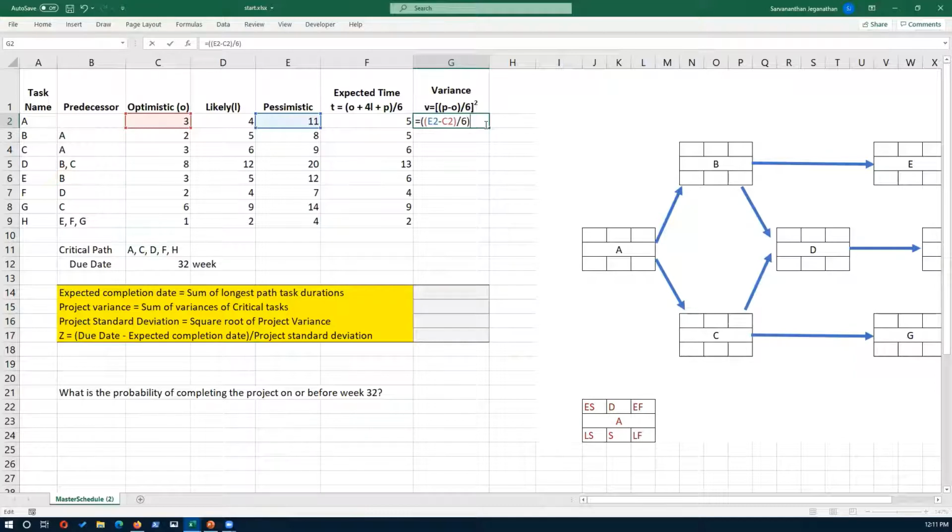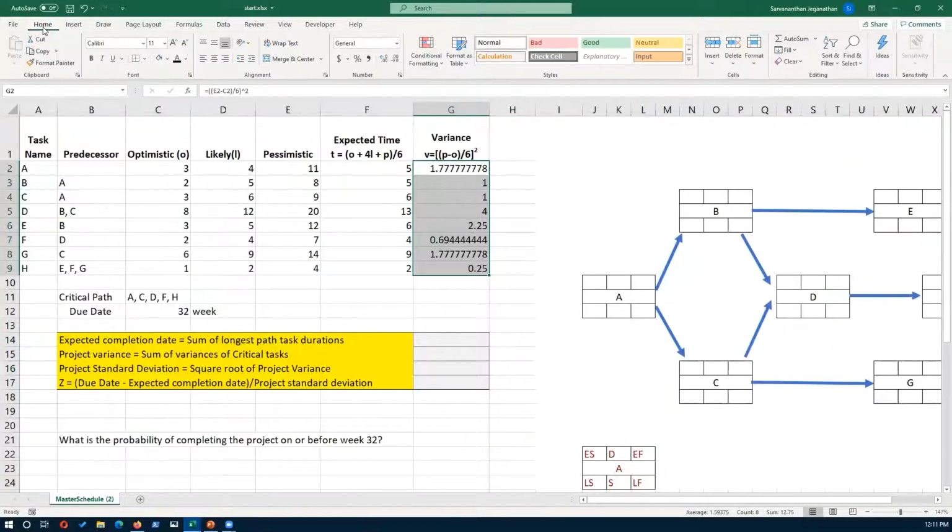So we're going to use the hat sign here to raise to the power of 2, and that gives us variance for that task. And I'm going to round it off to around 2 decimal places.